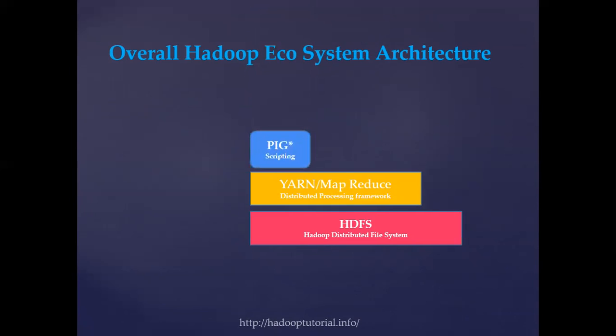Pig is another scripting language, which I can define as an abstraction layer on top of MapReduce. You can almost achieve everything that you can do in MapReduce in Pig scripts, but there are some limitations that we will discuss when we actually deal with Pig scripting.